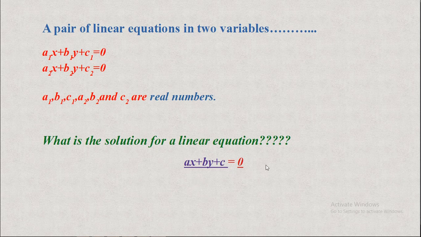This is the left side and this is the right side. That is, for a linear equation there are two sides. One is the left hand side and one is the right hand side. This side can be called the left hand side of this equation, and this side can be called the right hand side of the equation.